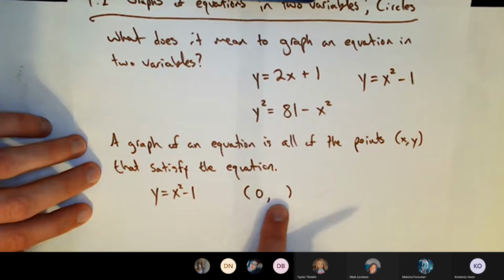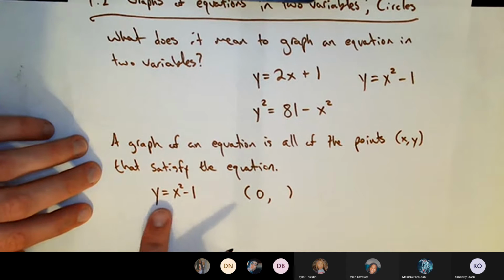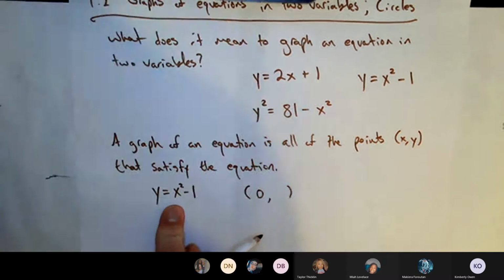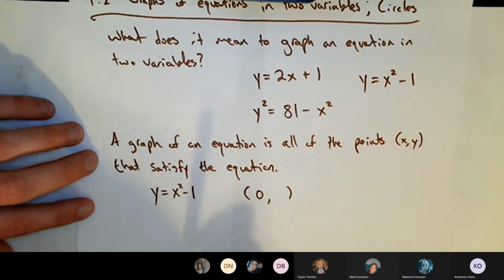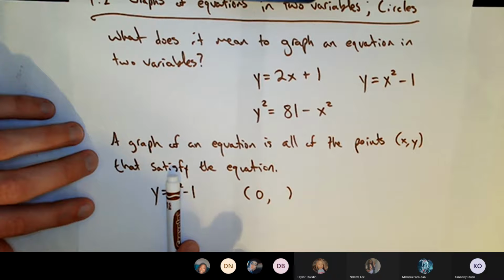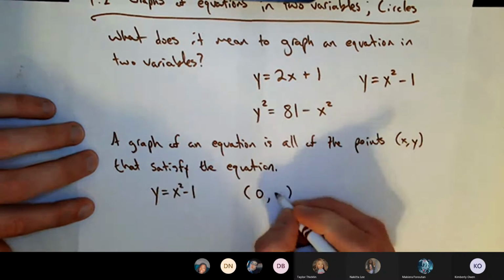And what is the corresponding y value that satisfies this equation if I plug in a 0 for x? So Nikita, if I plug in 0 for x here, what is y going to equal? So the x goes away. Would it be positive 1? Well, it would be 0 minus 1, which the negative would stick around. So it would be negative 1.